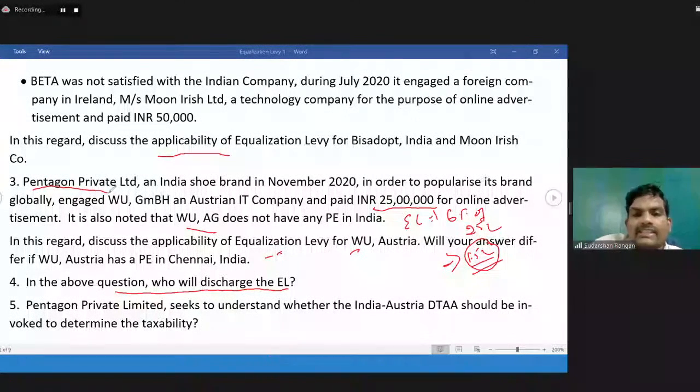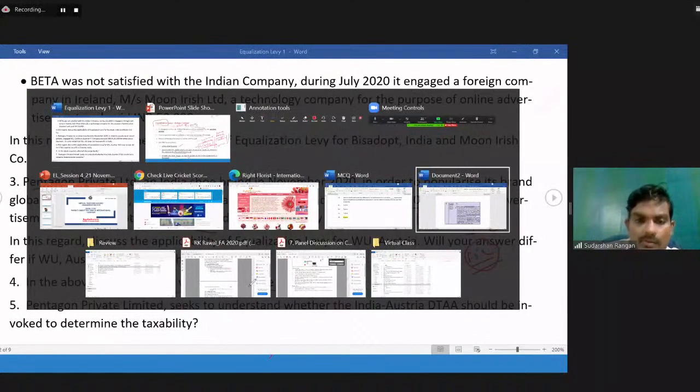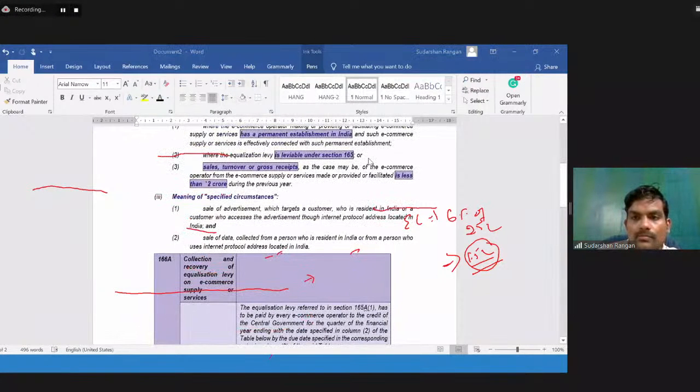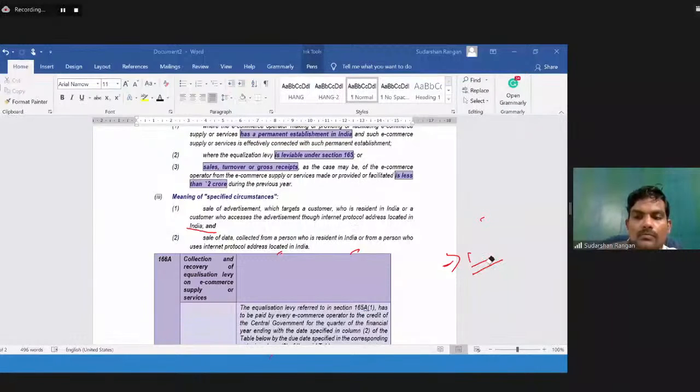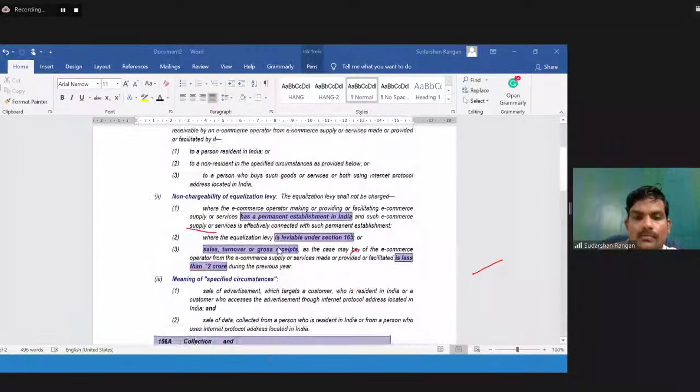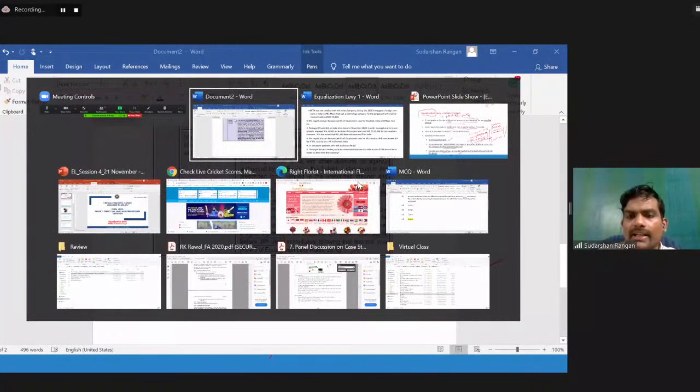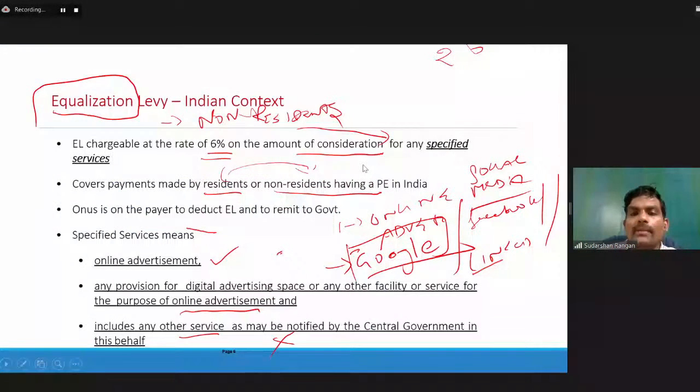So now for these services, the equalization levy provisions are Sections 165 to 168. Okay, this should be there in your study material.